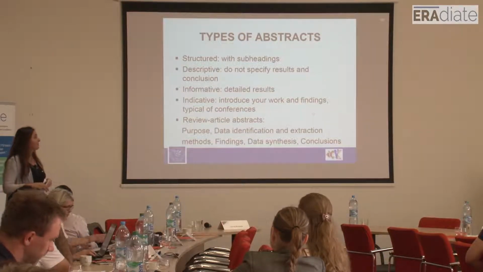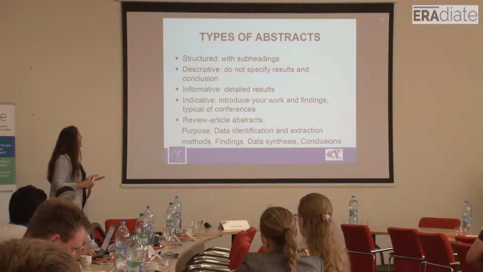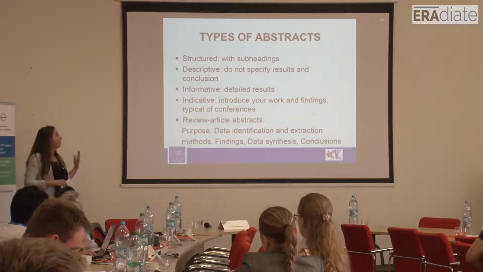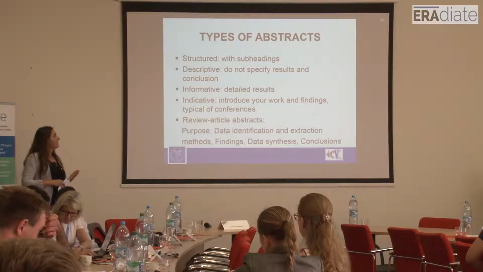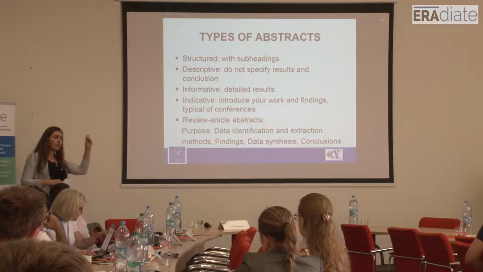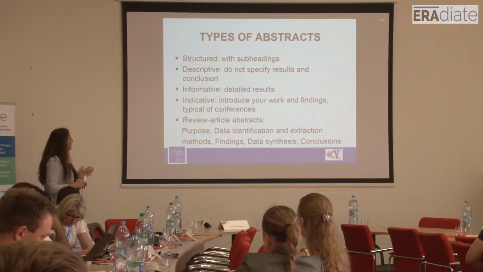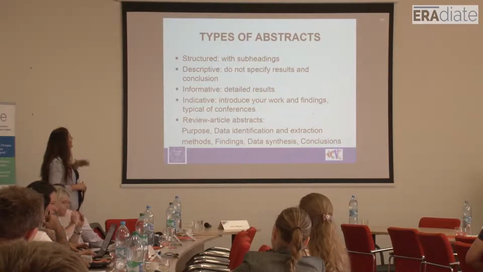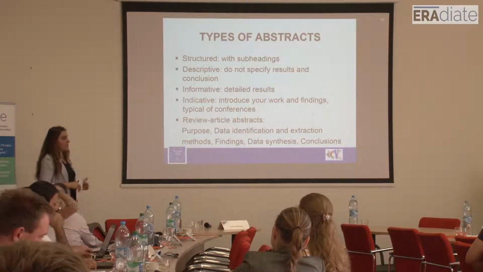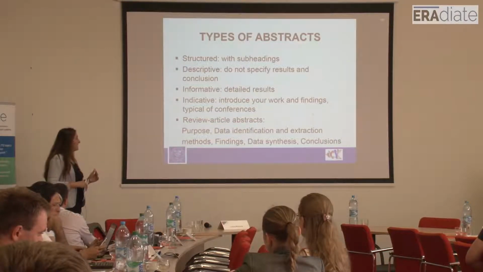The types of abstracts. Opinions vary, but generally we have structured abstracts that feature subheadings. Okay? So the structure is clear because the subheadings are there. Descriptive, they do not specify results and conclusion, just describe your research. Informative, that give detailed results.